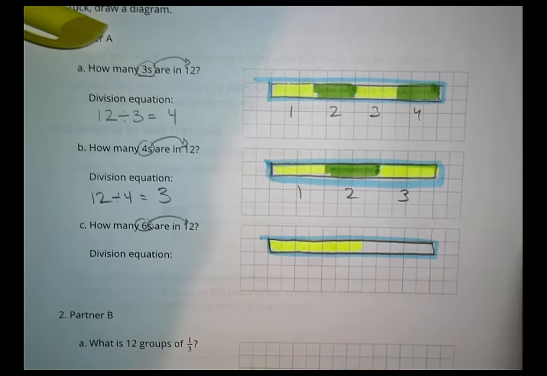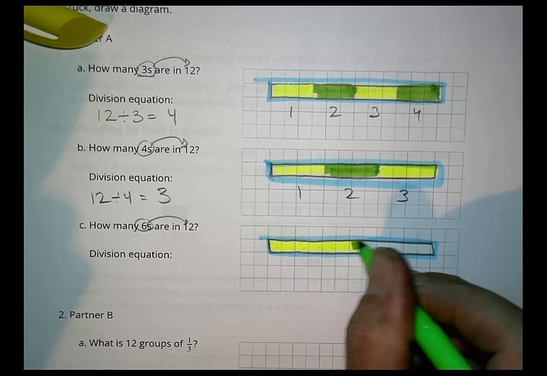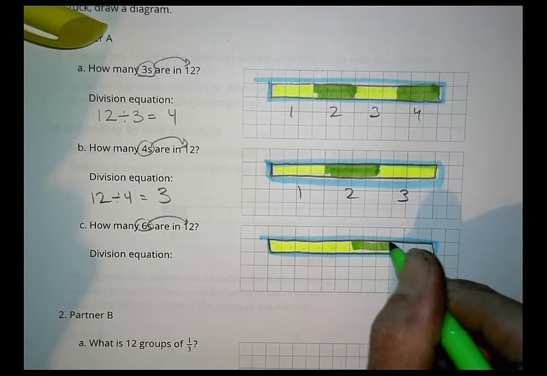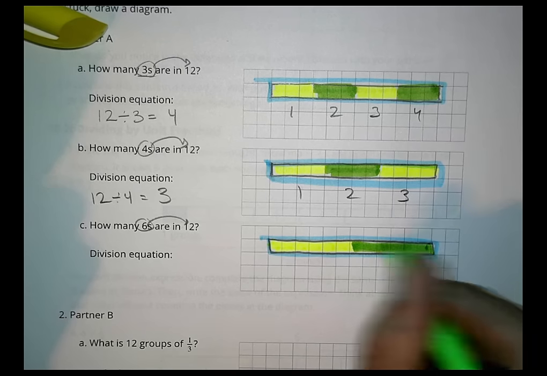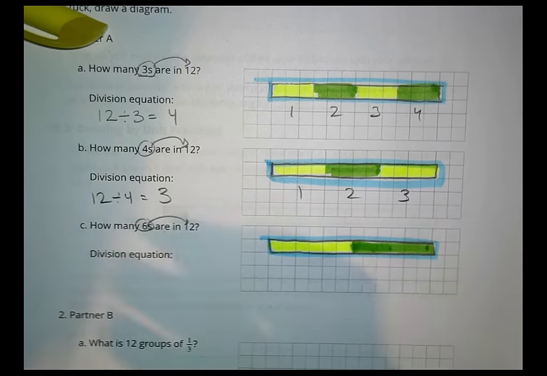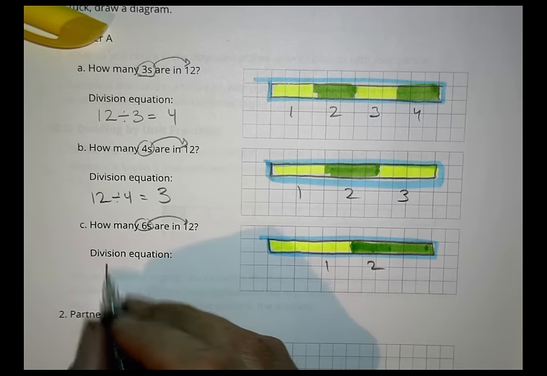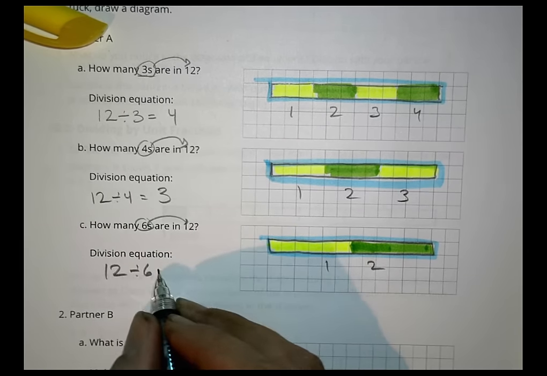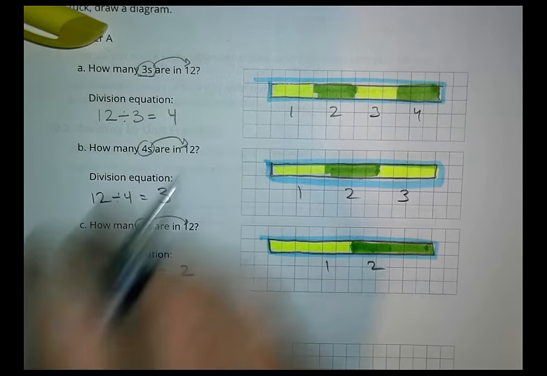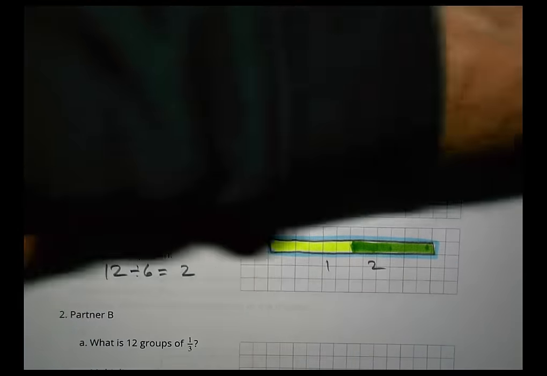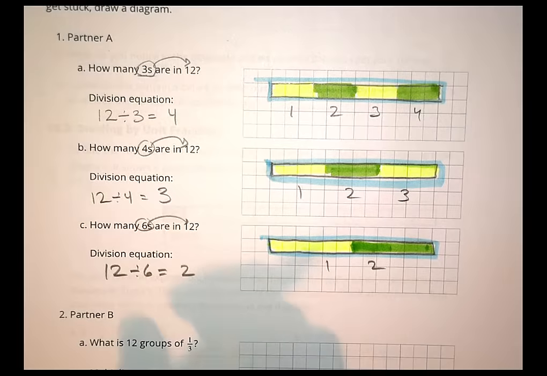Oops, I went up to 7, sorry about that. And then 1, 2, 3, 4, 5, 6 there. So we have 2 groups. As a division equation, it's 12 divided by 6 equals 2 groups. Okay, so that's partner A, which you're working on.